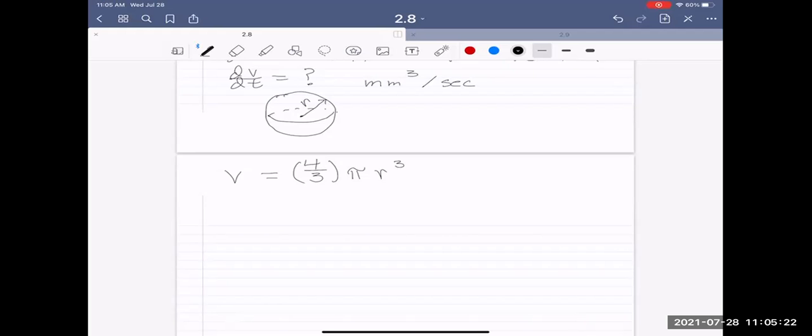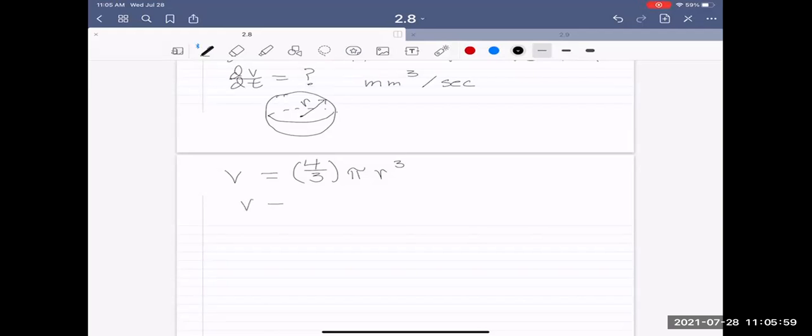If you don't, in the last week or so of this course, using some of the last things that we do in this course, you can actually figure out what the volume of a sphere is. Okay, so using this, I want to answer that question. Well, I want to figure out dV/dt. So let's take a derivative.